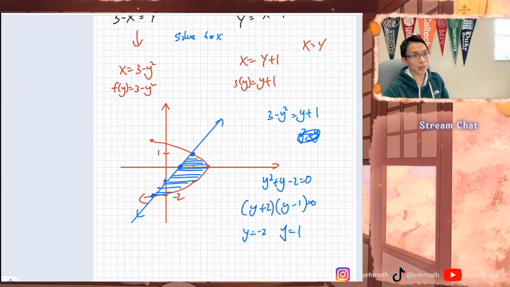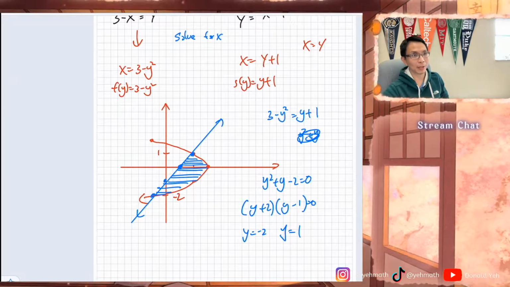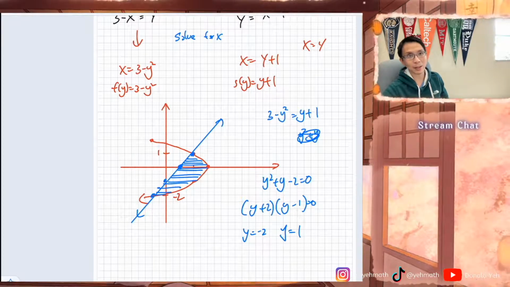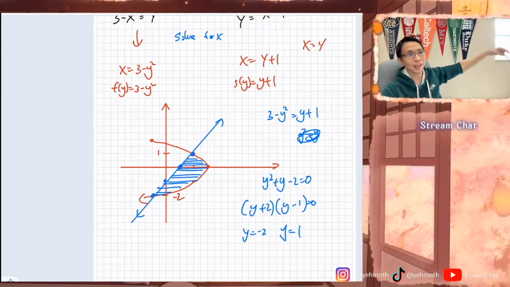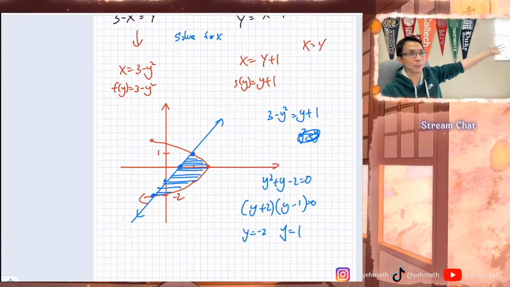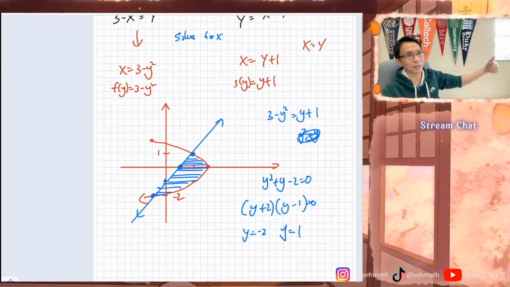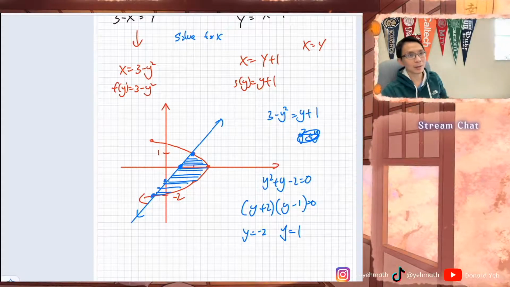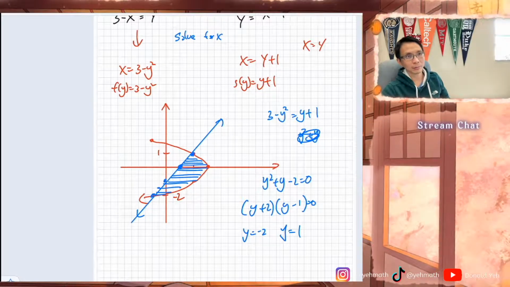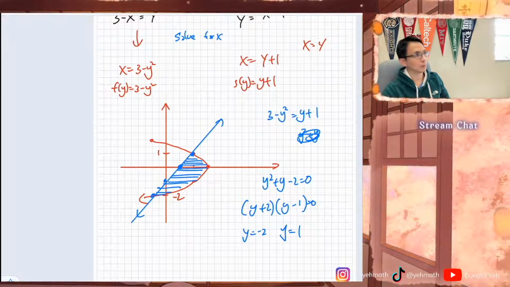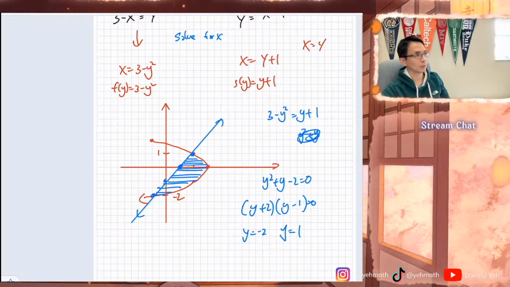Or, if you really have an issue understanding how y works, you can move the 1 to the other side, so y equal to x minus 1. Then the y-intercept at -1 has a positive slope of 1. So that's another way to think about it. If you rotate both of the graphs, you can still get the same answer for the shaded region.